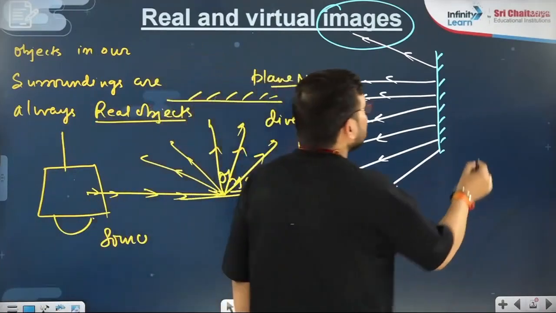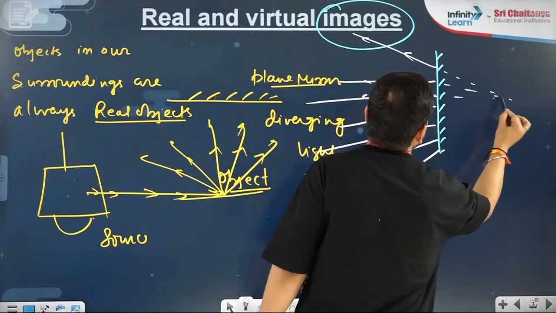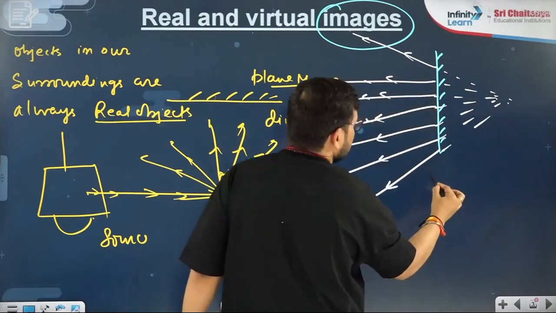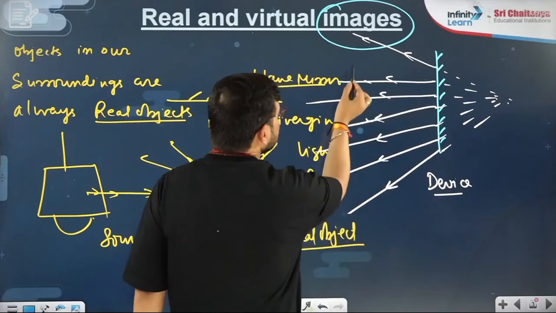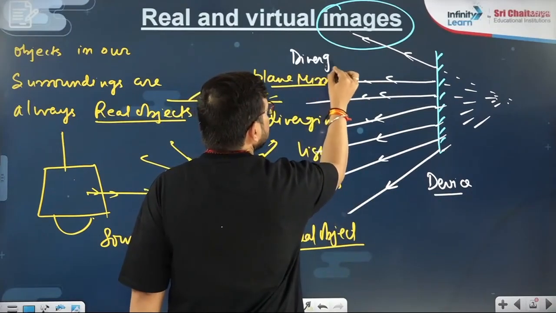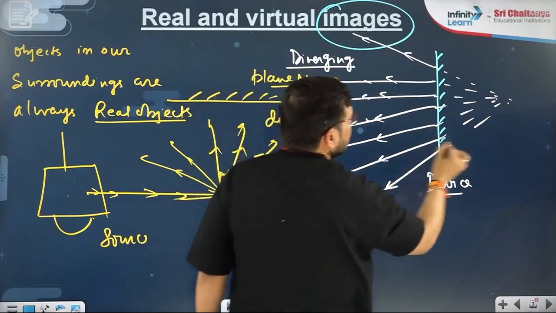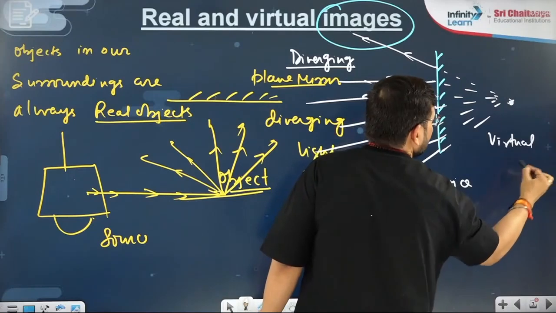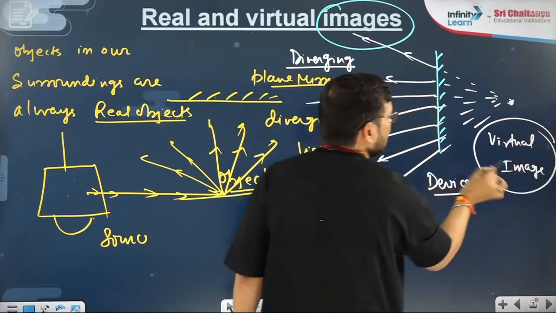Okay. Now see, if they are returning from the optical device in a diverging manner, reflected light in a diverging manner, then it is called a virtual image. You have to understand this, because you will get confused otherwise.